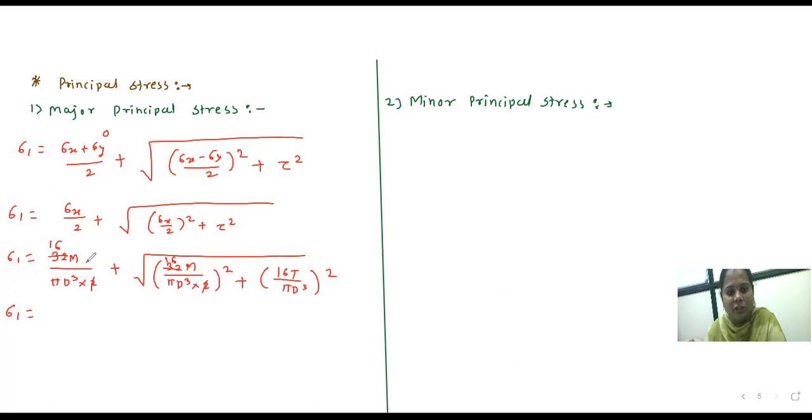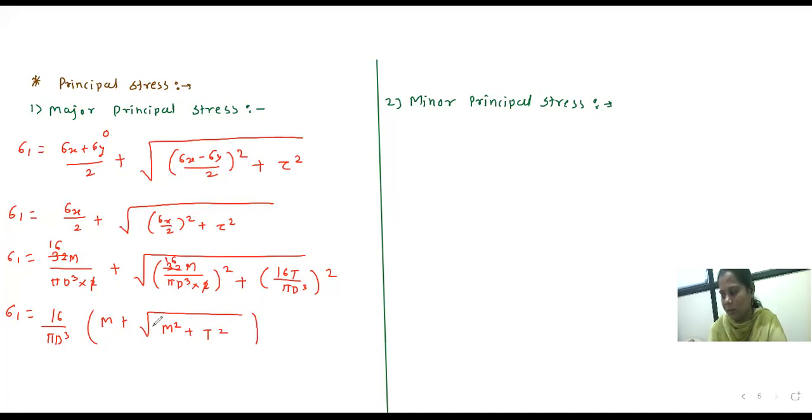See here 16m divided by pi d cube. Here also 16m divided by pi d cube, and here 16t divided by pi d cube. So from that, we will take 16 divided by pi d cube as a common. So what is remaining in bracket? Here only m plus square root of m square plus t square.